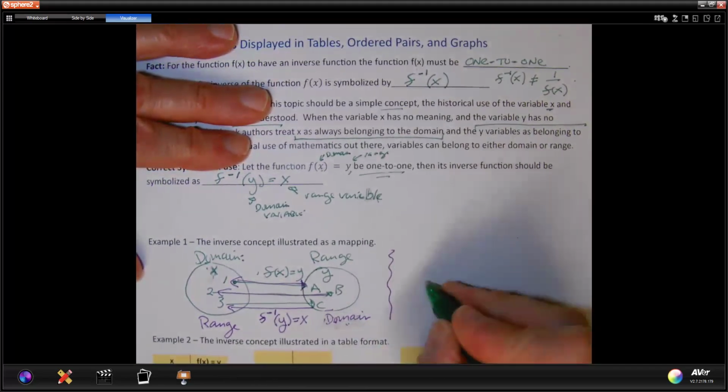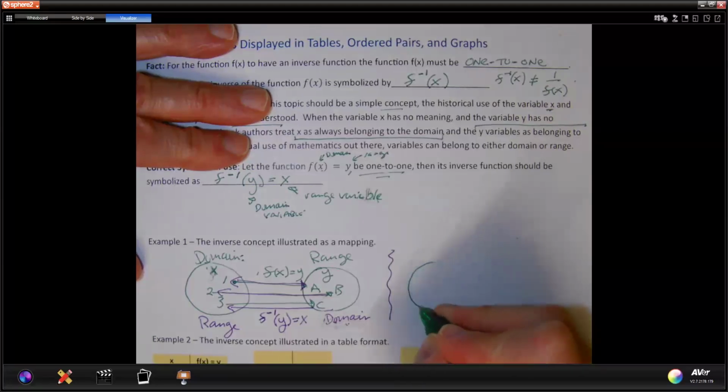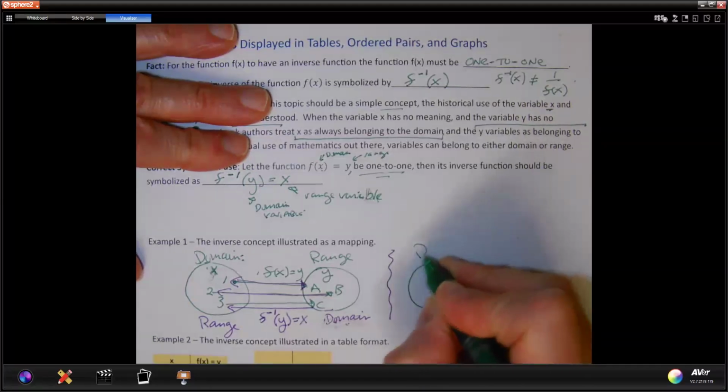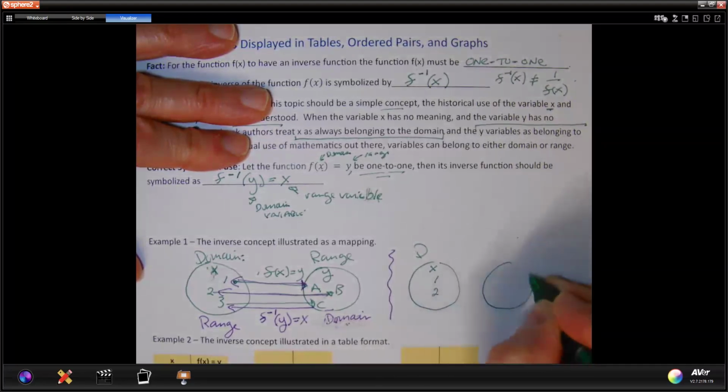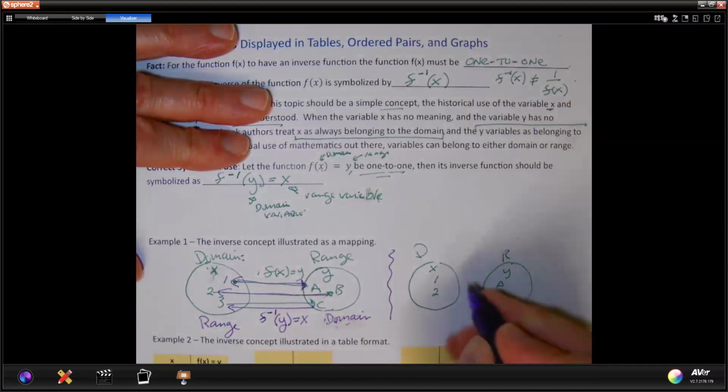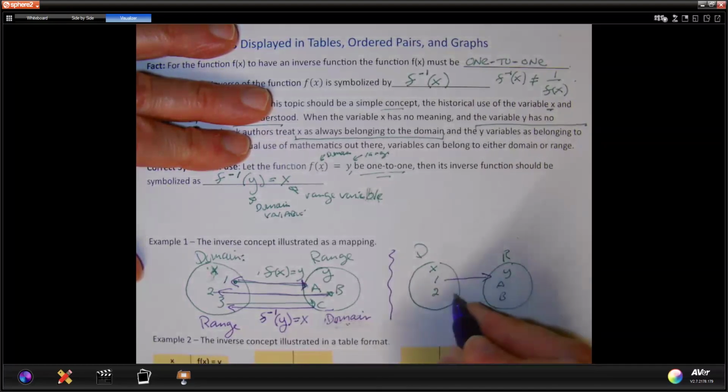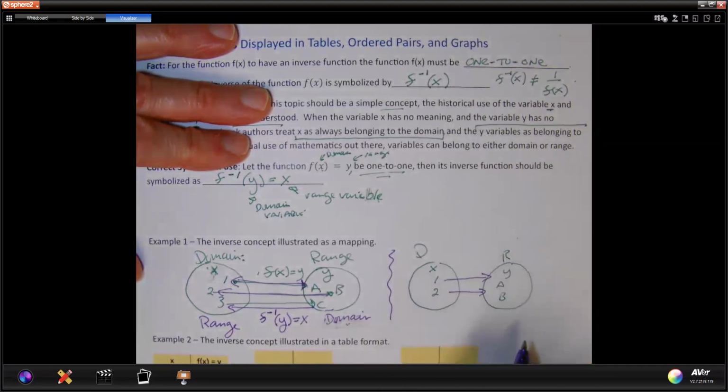So somewhere in the past, domain. Make this smaller here. Range. And again, let's say, again, this is nice and simple, A goes to B. But then when we go backwards, we'll do the same thing.